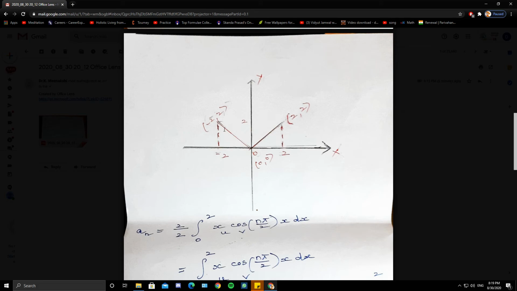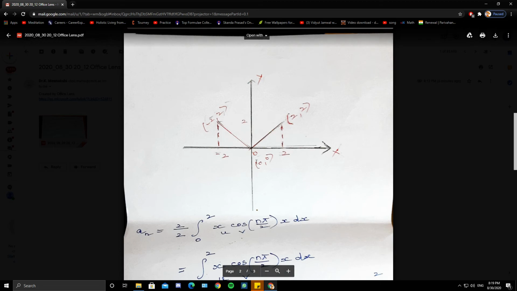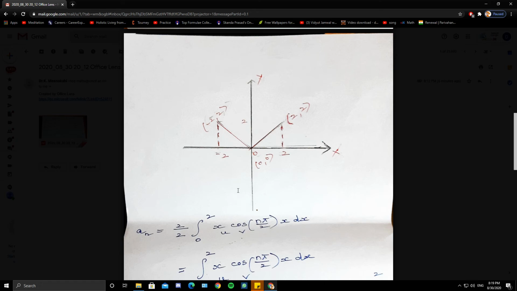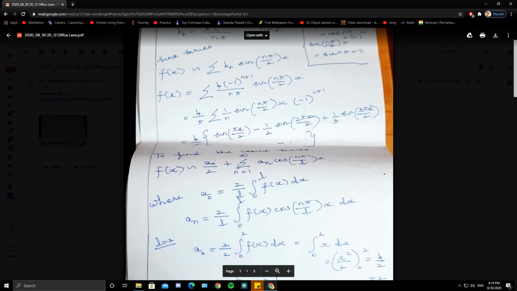You construct the graph in such a way that for getting the cosine series the function is an even function. So we have a new function defined in the interval minus 2 to 2, which is an even function. We know the Fourier expansion of an even function is also called the cosine series.